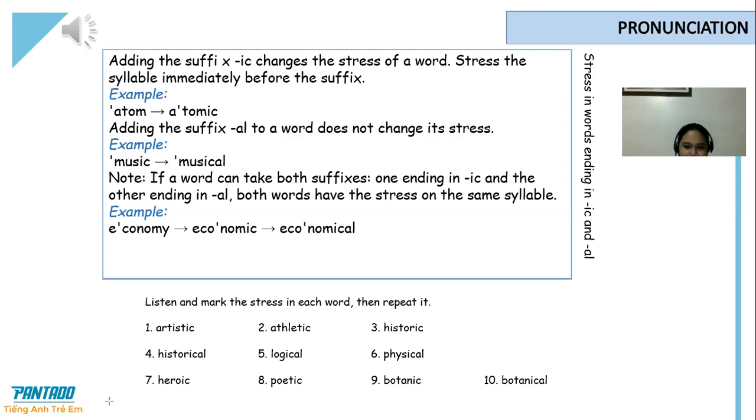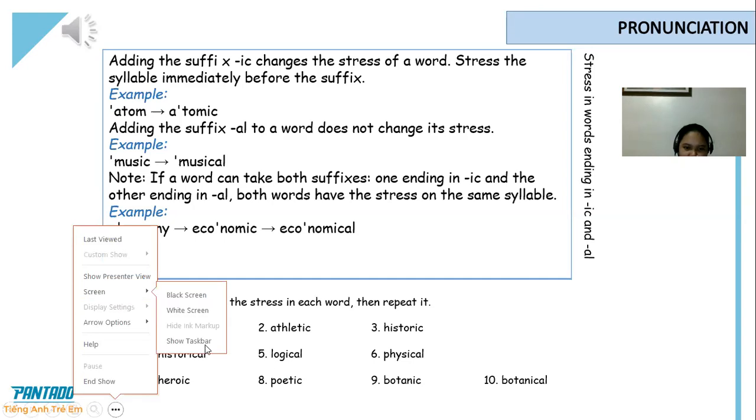Number 4, historical. Number 5, physical. Number 7, heroic. Number 8, botanic. Number 10, botanical. Very good. You also pronounce it all correctly. Now let's continue.